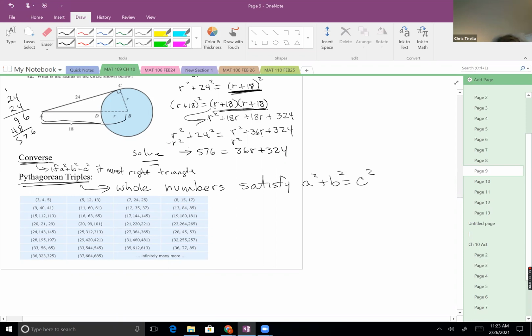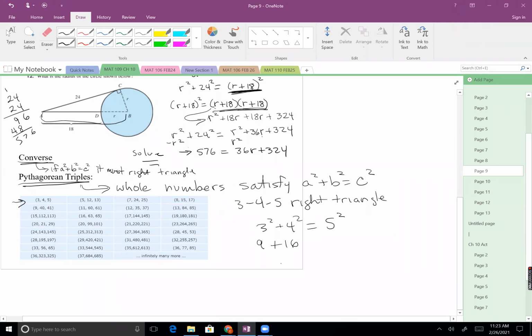And so one that's commonly used is the 3, 4, 5 right triangle. And we can say that 3 squared plus 4 squared equals 5 squared. 9 plus 16 would be 25 equals 25, and it checks.